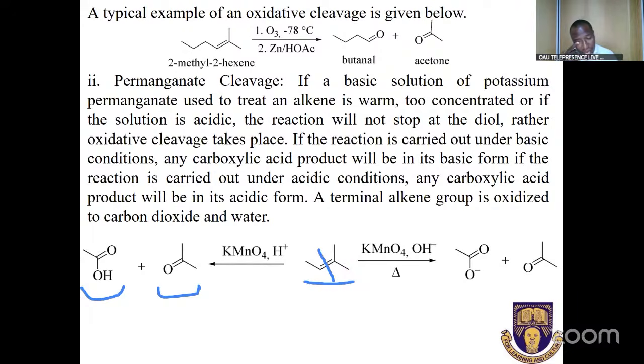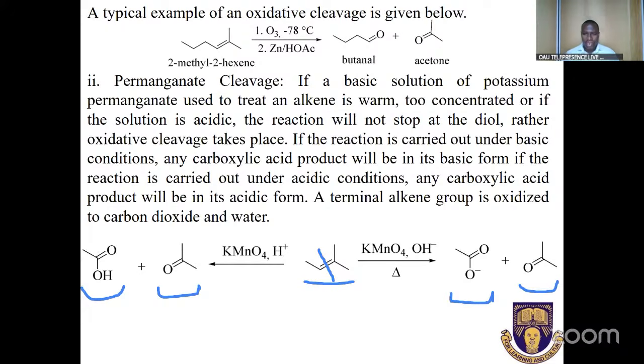If you use alkaline KMnO4 in the dilute form or applying heat, you end up with the ketone still and the non-protonated version of the carboxylic acid, that is the carboxylate.